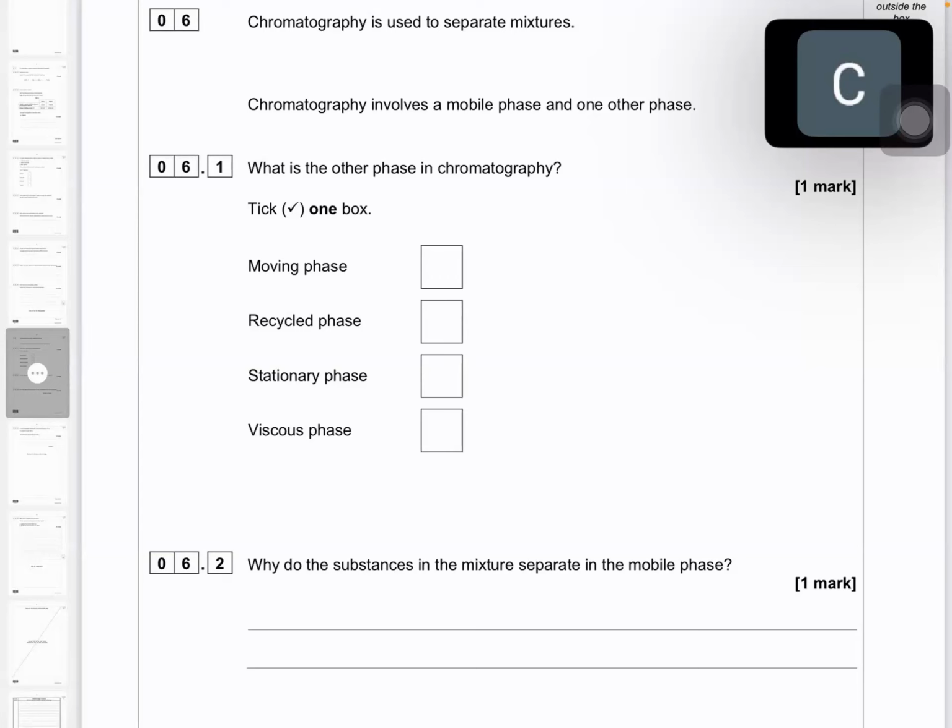So if I were to give a reason why, I would say it's because the different substances in the mixture that we're trying to separate dissolve at different speeds in the solvent that the filter paper is soaked in. But I don't know if the marking scheme says something otherwise.